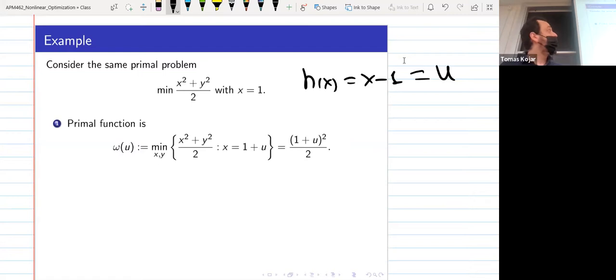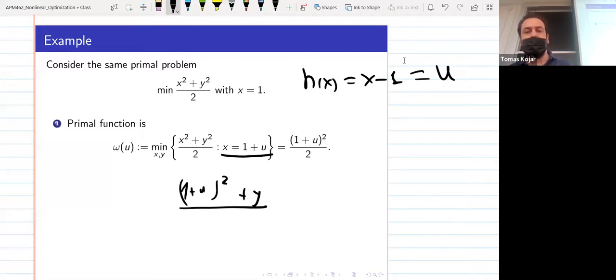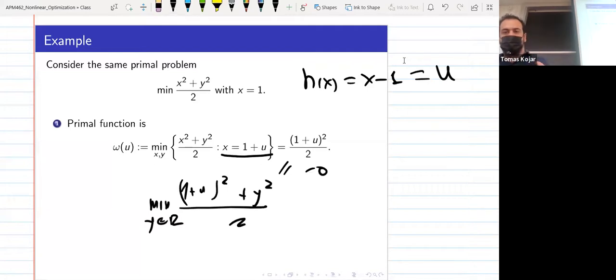But this is a stupid problem because all I have to do is plug in 1 plus u and then minimize over y. But again, the minimizer is at y equals 0. So this is your primal function.